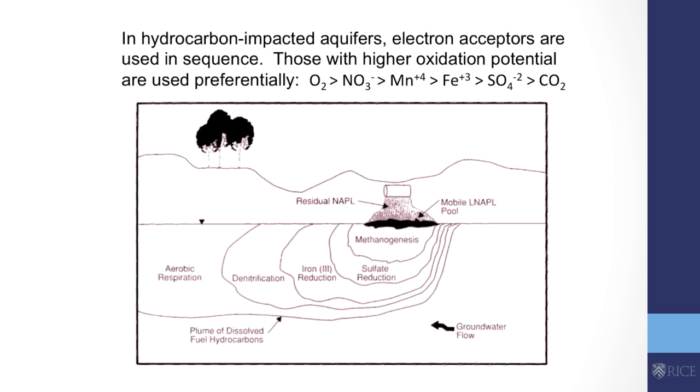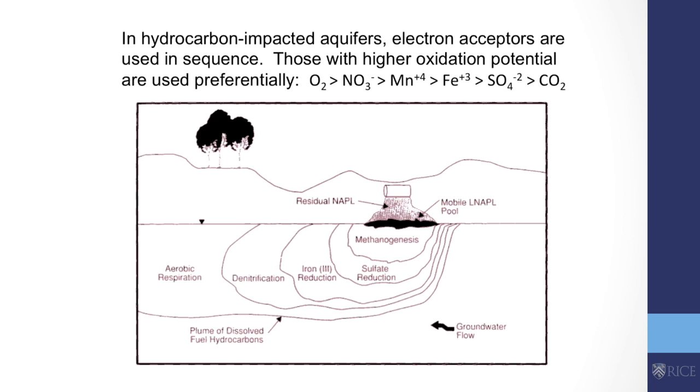Switching now to hydrocarbon-impacted aquifers, here the electron acceptors are often used in sequence in the order of their oxidation potential. So first, oxygen is used up until it is depleted, and then the organisms that are capable of using the next best electron acceptor with the highest oxidation potential, which in this case is nitrate, will have a competitive advantage and proliferate and prevail until nitrate is depleted.